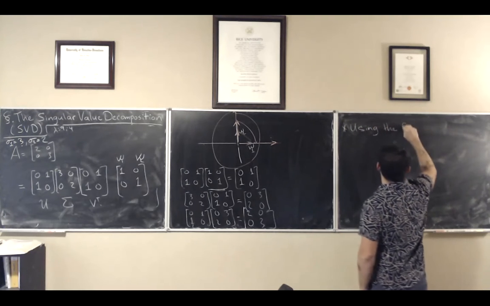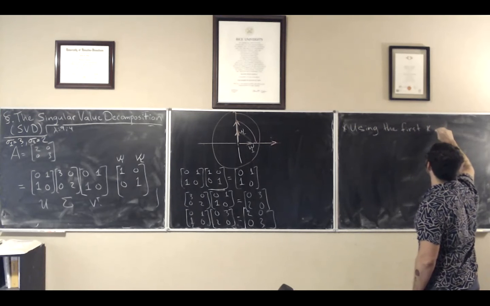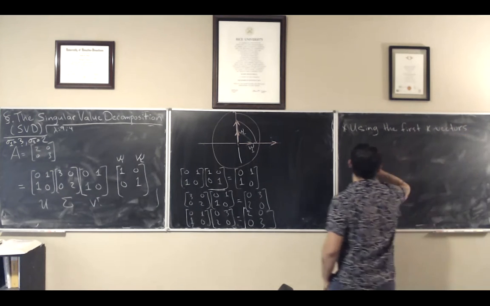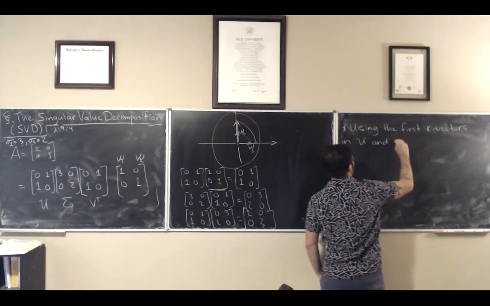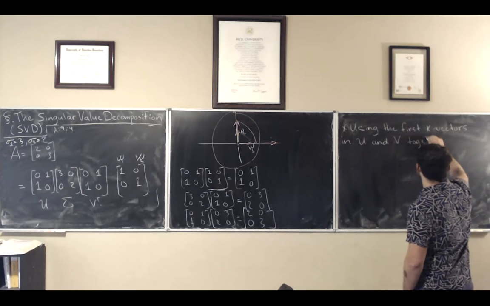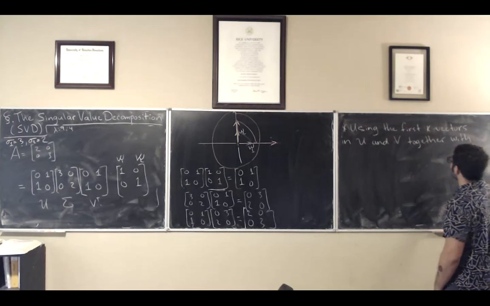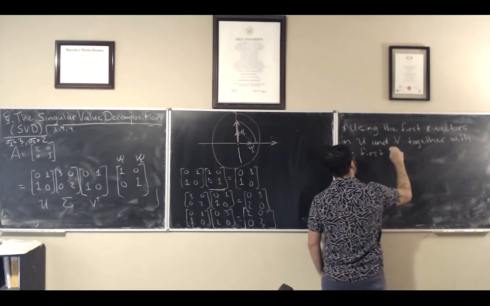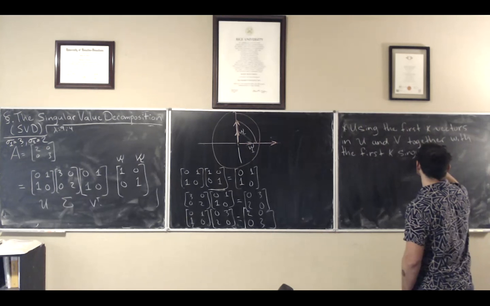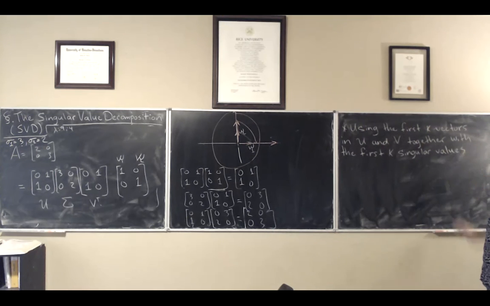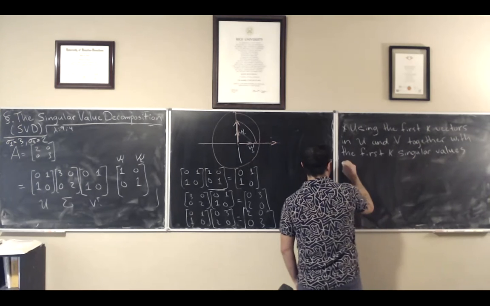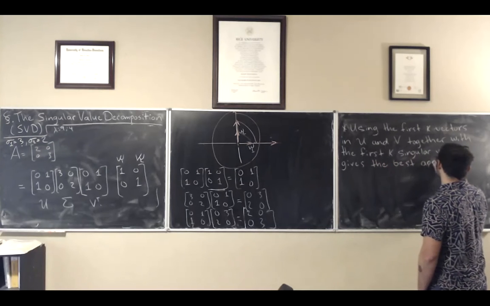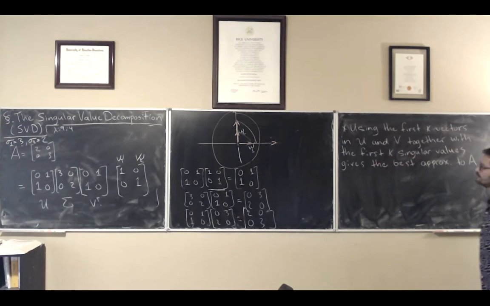Using the first K vectors in U and V together with the first K singular values gives the best approximation to A with rank K.